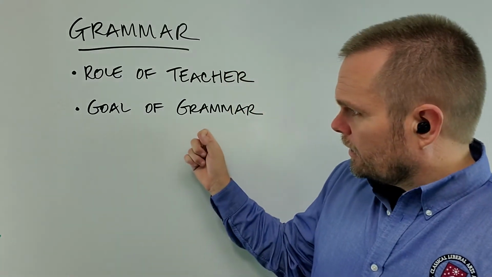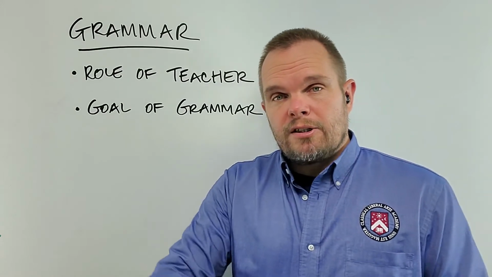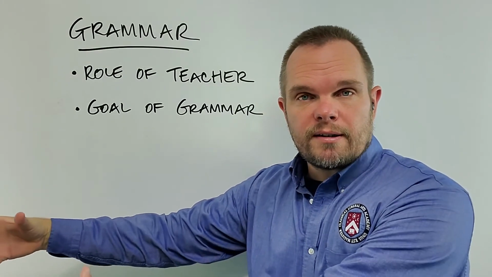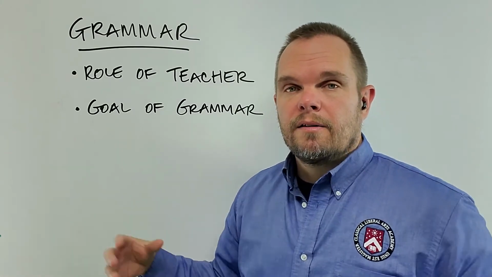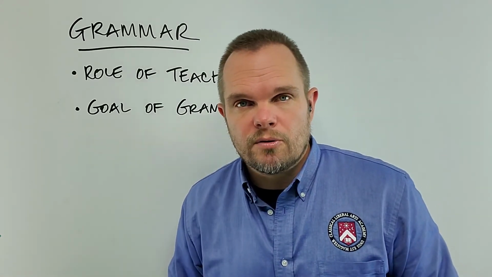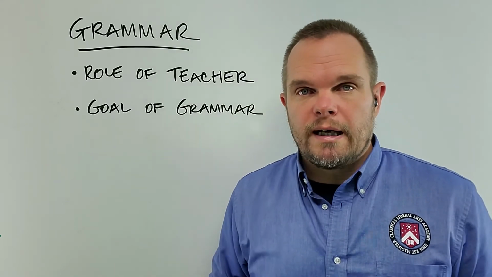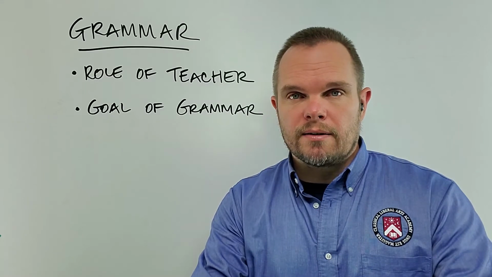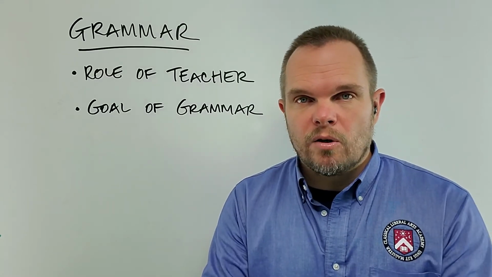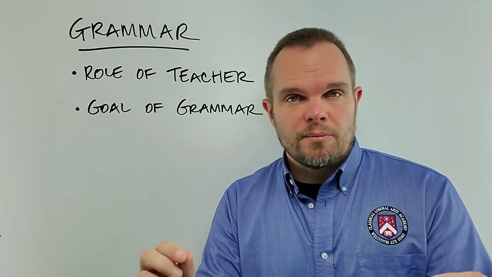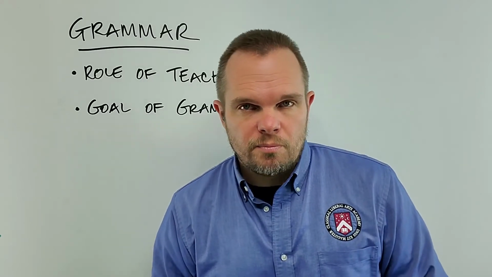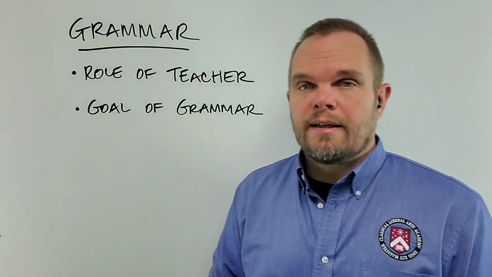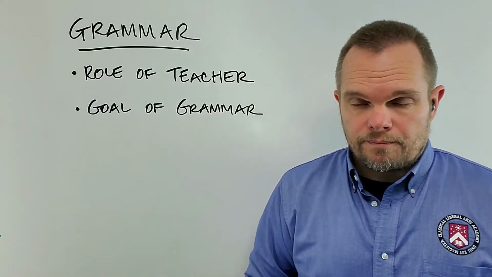Okay, so the goal of grammar, again, is to lead children to a subtlety of language that serves the investigation of truth, and the parts of speech allow students to develop a broad vocabulary and allow them to attack words that they encounter in readings, because they can immediately know characteristics of words by simply identifying the part of speech that that word belongs to. Okay, so that's the second part of classical grammar.